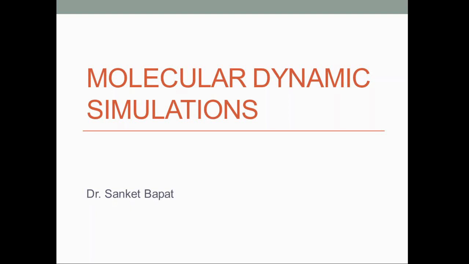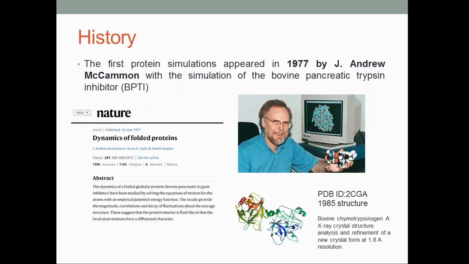Today we are going to discuss and look into what exactly is molecular dynamic simulations. Molecular dynamic simulation was first carried out in 1977 by J. Andrew McCammon. He performed the simulation on BPTI, also called bovine pancreatic trypsin inhibitor.